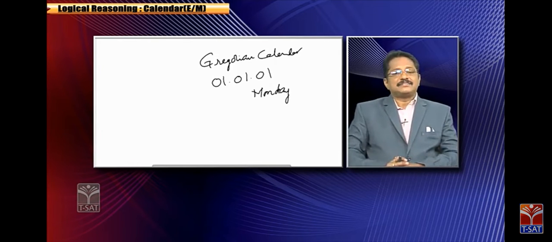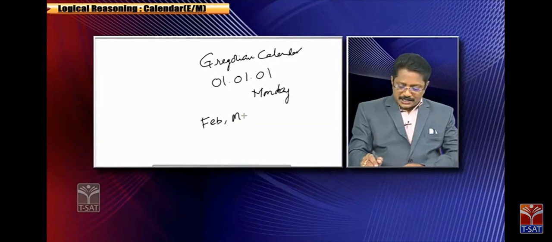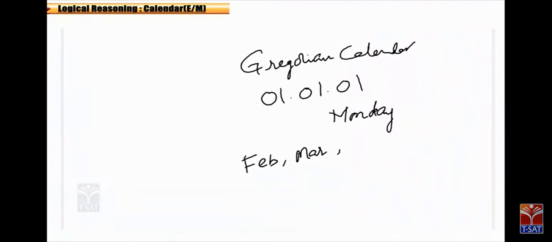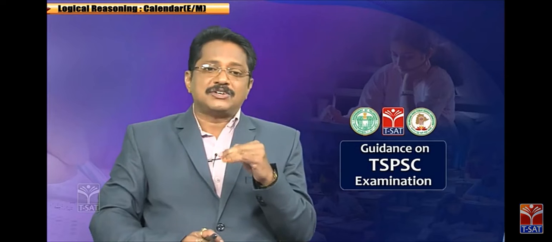This is very important. When you take the months February, March and November, the first day of February, the first day of March and the first day of November are all the same. If you have any doubt, check it.